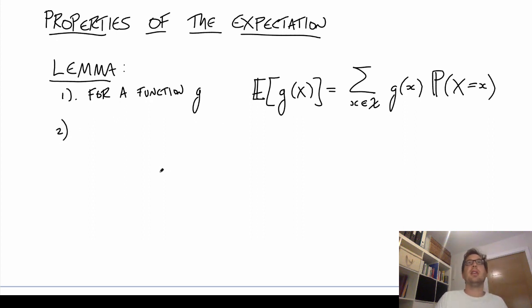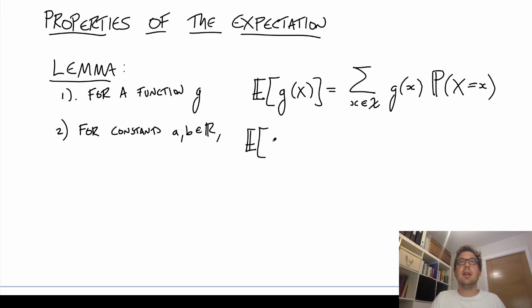One specific function that's quite useful is to note that for constants a and b, let's say they're both real numbers, then the expected value of aX plus b is just equal to a times the expected value of X plus b.